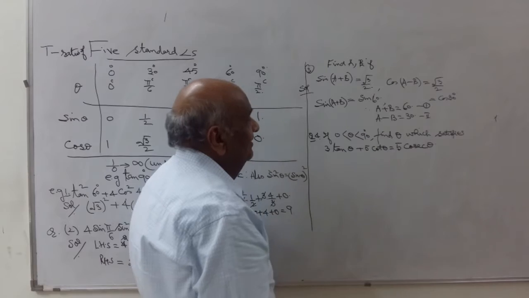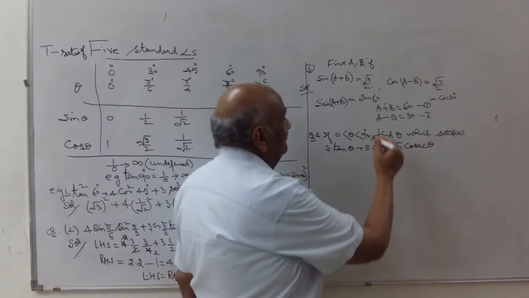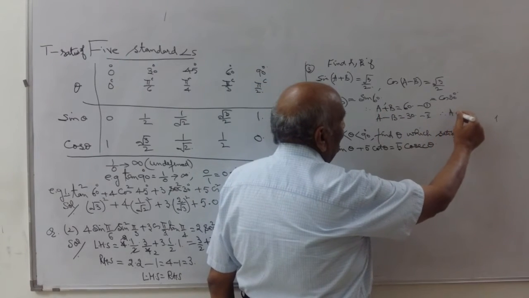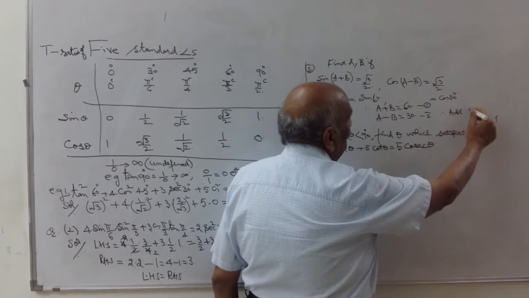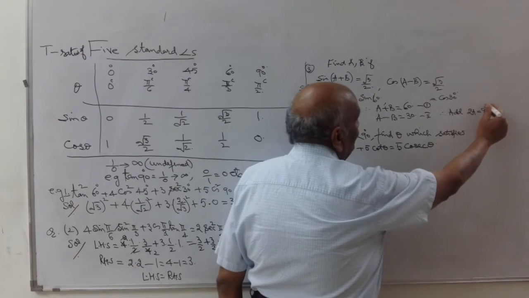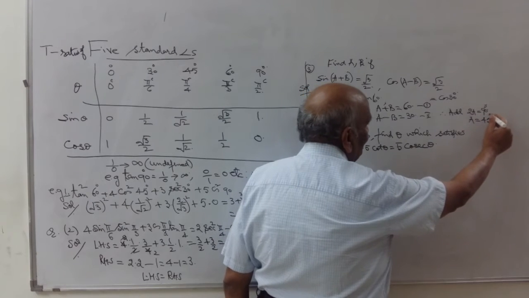Check out. Now when you add, 2A after adding is equal to 90 degrees, therefore A is equal to 45 degrees.